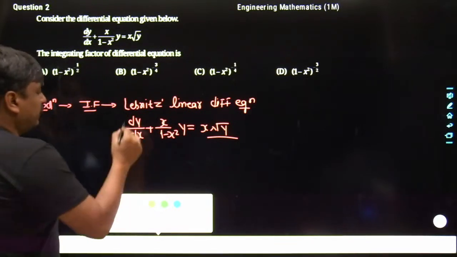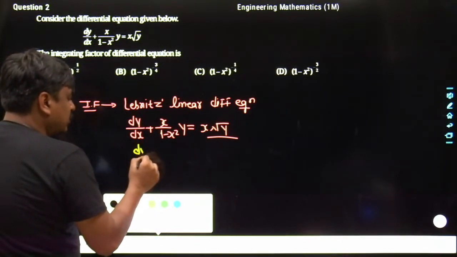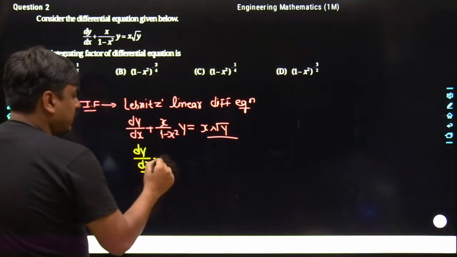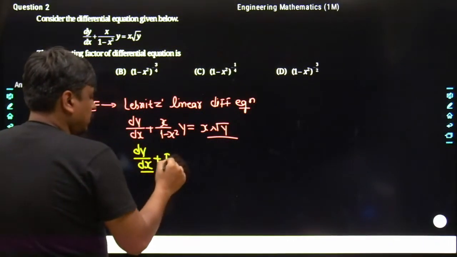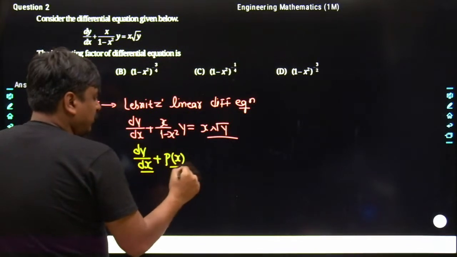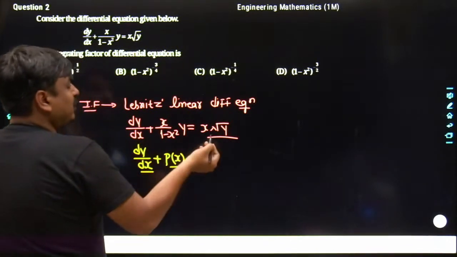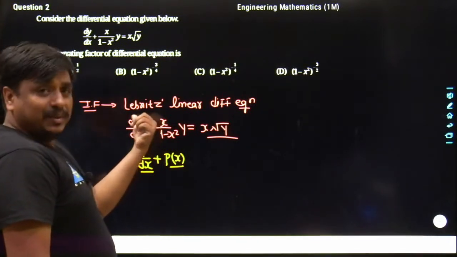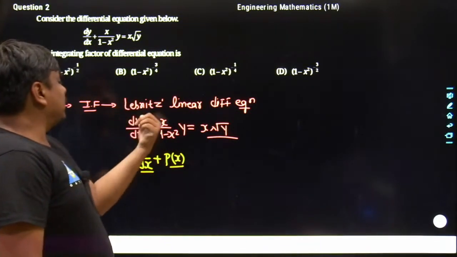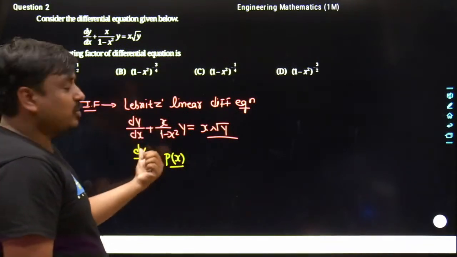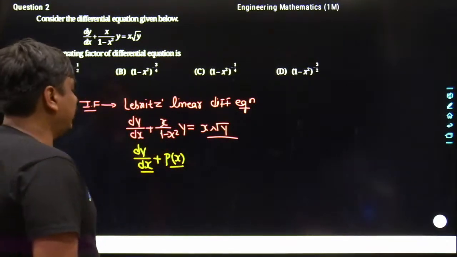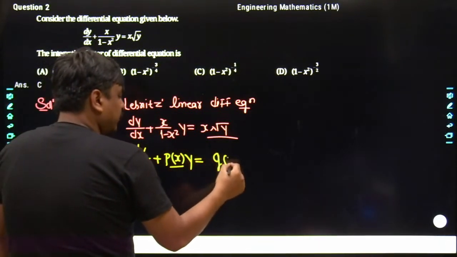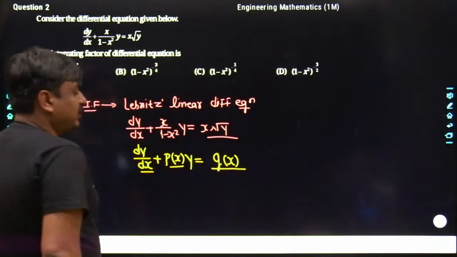If it were a linear differential equation, the structure must have been dy/dx plus P, a function of the independent variable, and here the independent variable is x. You yourself would be able to understand y is the dependent variable, which is why the differentiation of y takes place with respect to the independent variable, and that's nothing but x. Here it should be a function of x strictly.